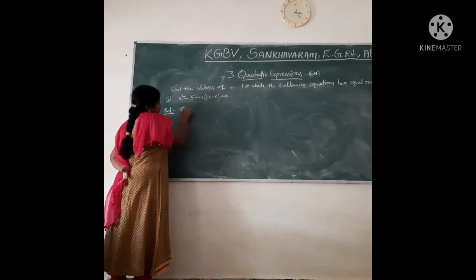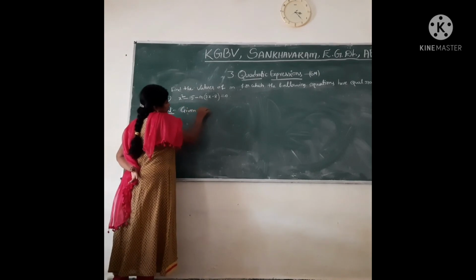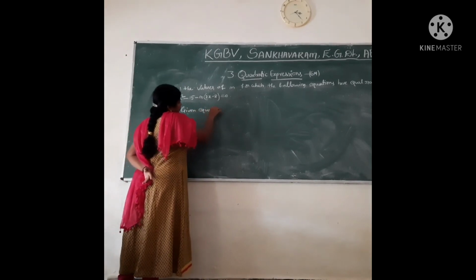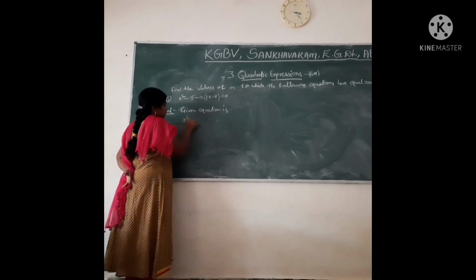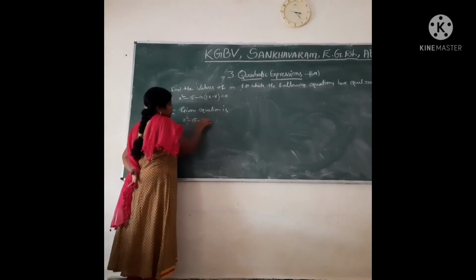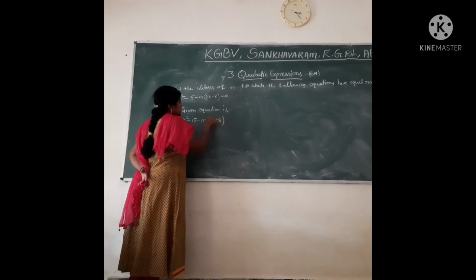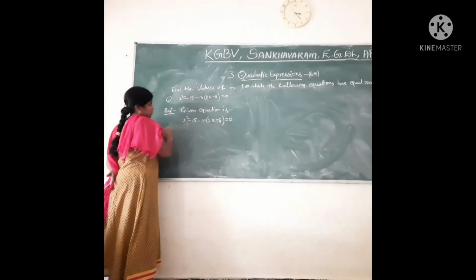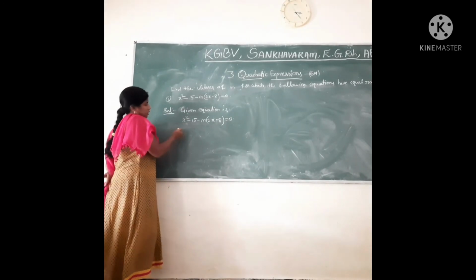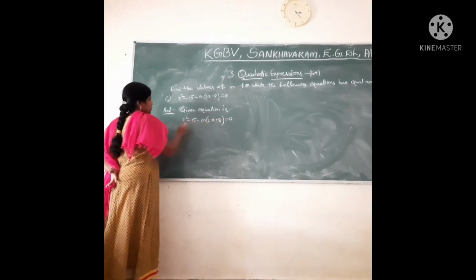Given equation is x square minus 15 minus m into 2x minus 8 is equal to 0. First we can arrange it in the order of x square, x term and constant term.